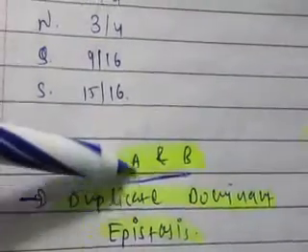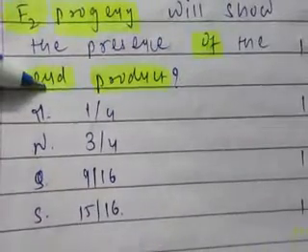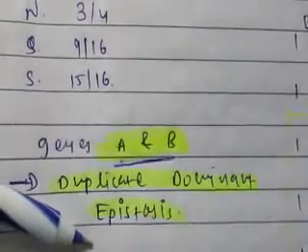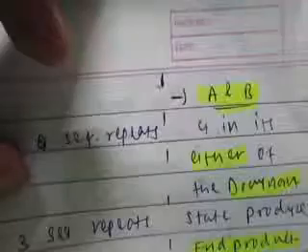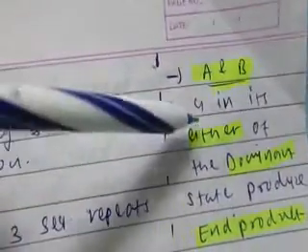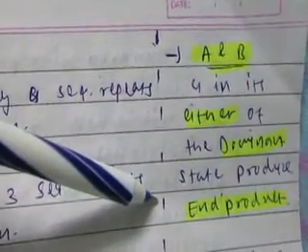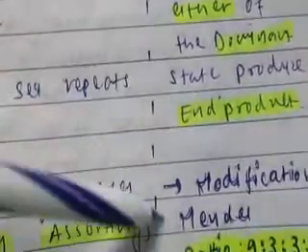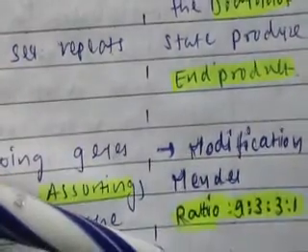Suppose these genes are A and B. If you remember, this is an example of duplicate dominant epistasis, where both of the genes A and B, in either of their dominant states, produce the end product. It means the typical Mendelian ratio is modified rather than 9:3:3:1.